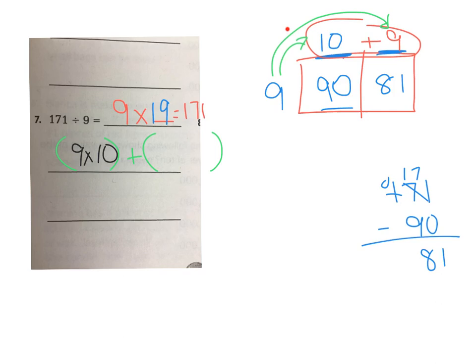And then we're going to also say plus 9 times 9. That is the related distributive property that you can see to solve 171 divided by 9. 9 times 10 and 9 times 9. And I was able to figure it out just by drawing a model.